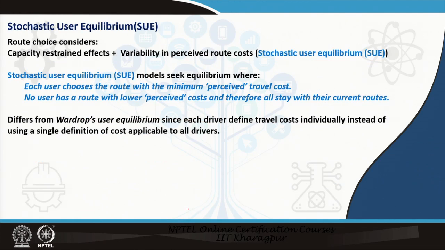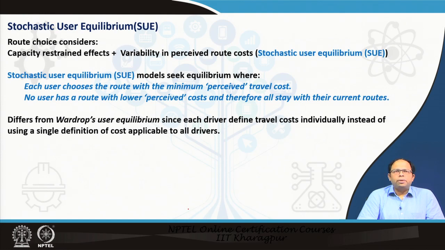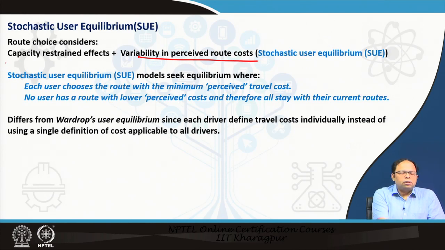So finally, we look into the stochastic user equilibrium, which is called SUE, where route choice considers not only the variability in perceived route cost, like we were discussing till now, which is basically the stochastic part, but it also considers the capacity restraint effects.